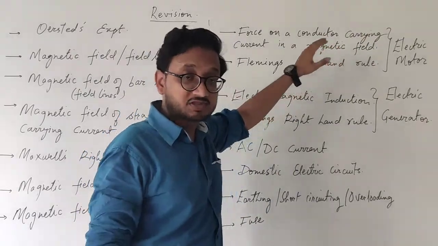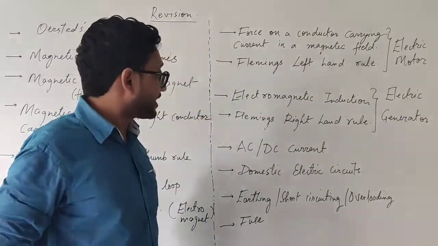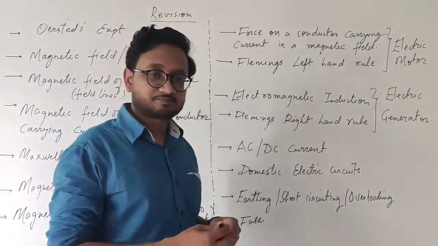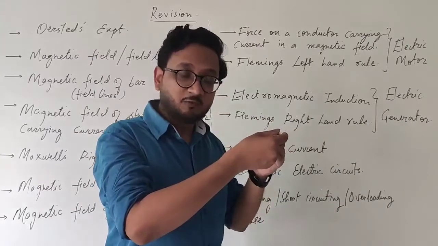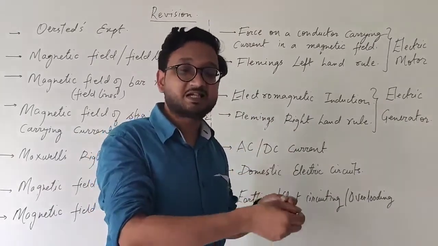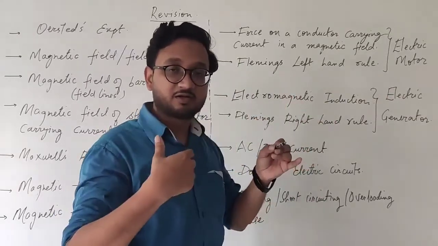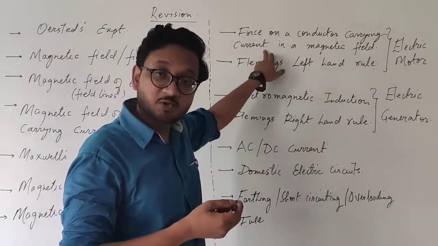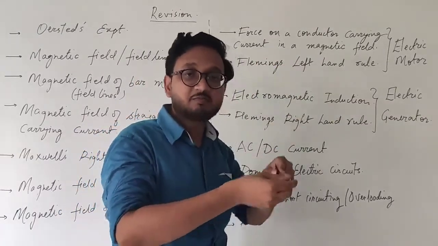Similarly, the exact opposite of it is this one. That is, Michael Faraday gave us electromagnetic induction. He said that we are providing the current, so the conductor is moving. What if we are not providing the current and still moving the conductor? So he moved the conductor in the magnetic field. Previously, current was provided in the magnetic field on a conductor, so it generated motion.